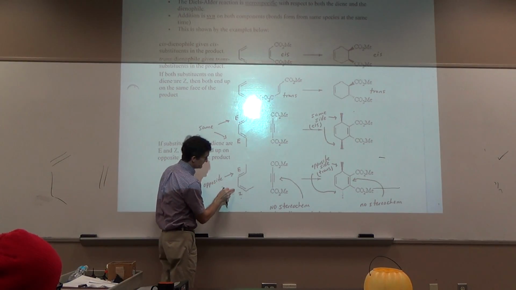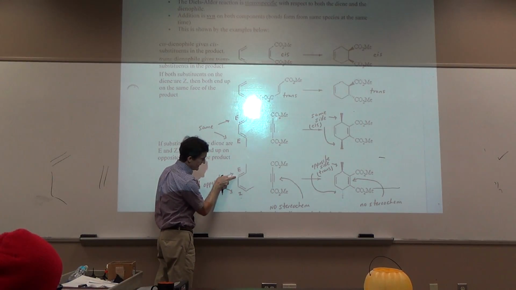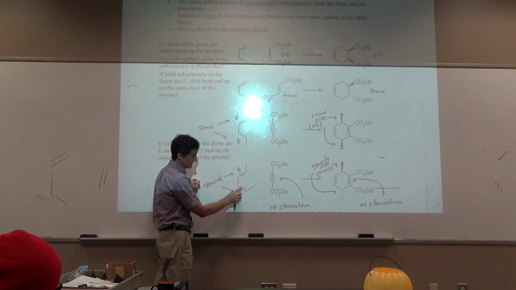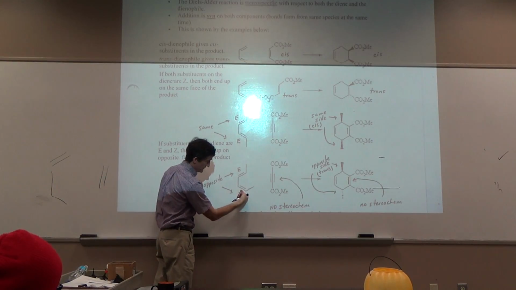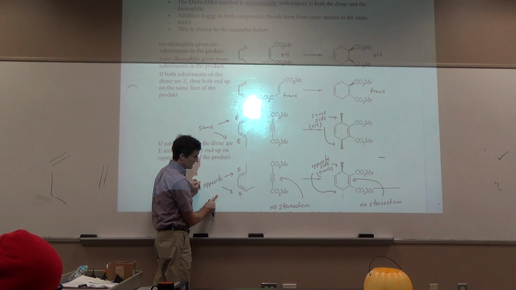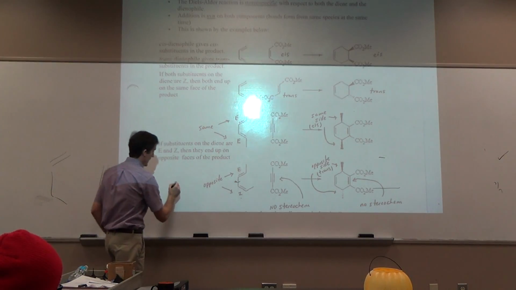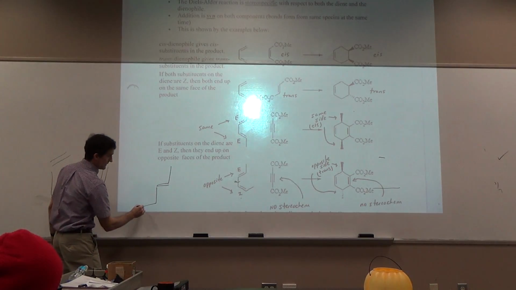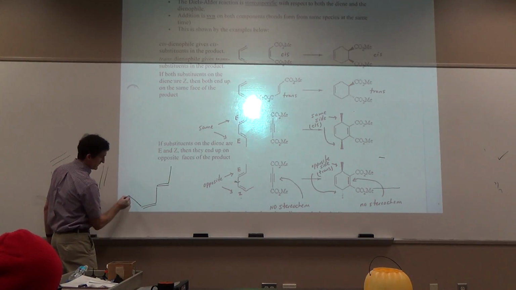But this one, one's trans and one's cis. And we know that this is stuck like this. The double bond can't rotate. This could rotate, and if that rotated, we would get that.